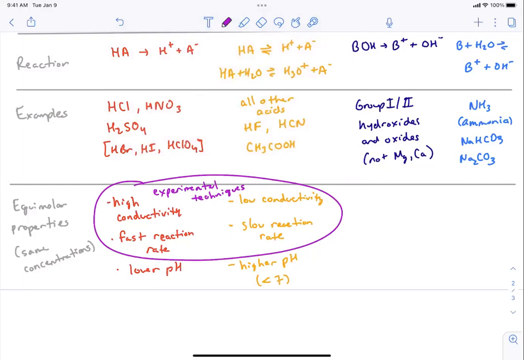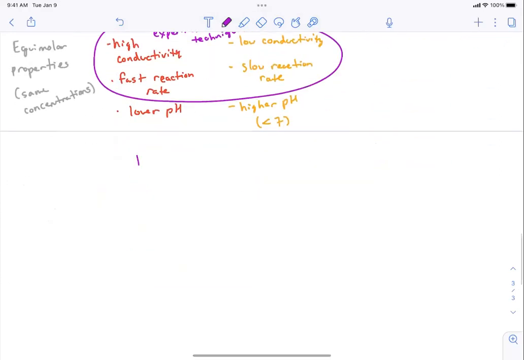Well, it has less available there, but as it reacts, it starts filling in the void of the ones that are left over. Even though they're not all free at once, the free ones react, and then the equilibrium shifts to make more ions. Let me just visualize it here. This is kind of a throwback to topic 7.